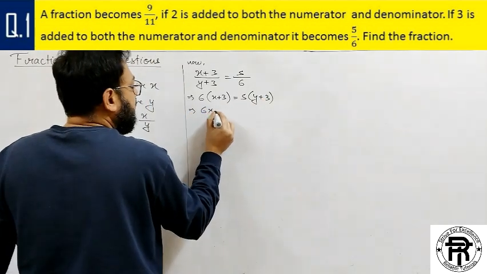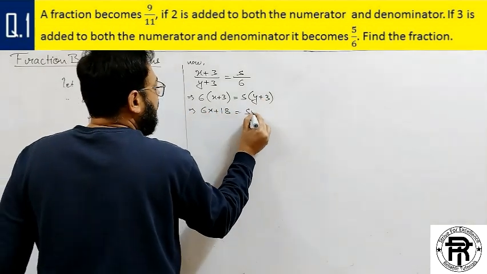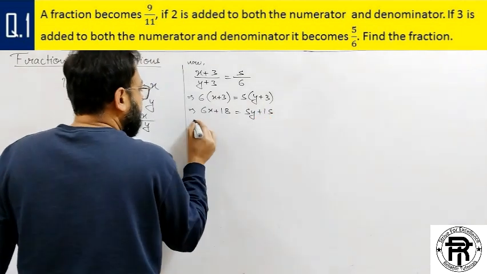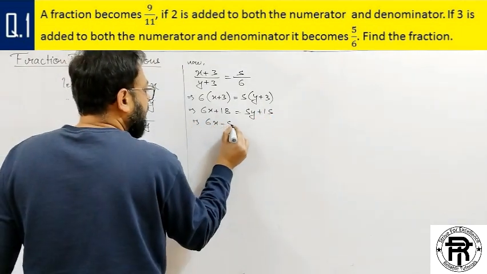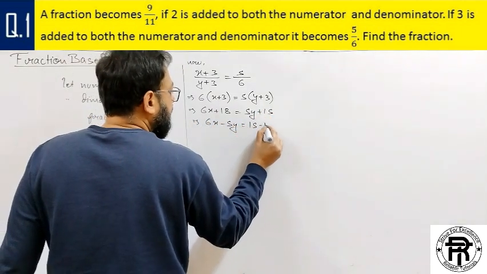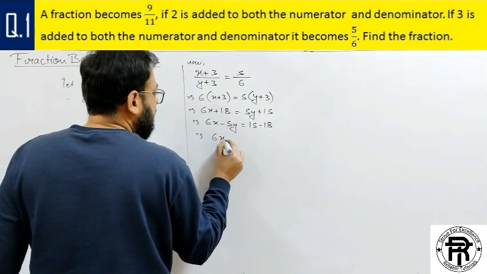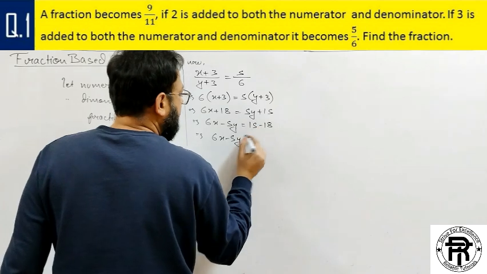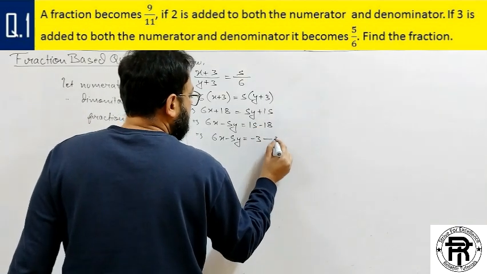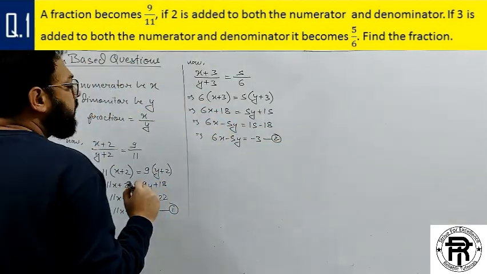Opening up the bracket, that is 6x plus 18 is equal to 5y plus 15. Simplifying it, 6x minus 5y is equal to 15 minus 18. That is equal to how much? Minus 3. That is the value of the second equation.